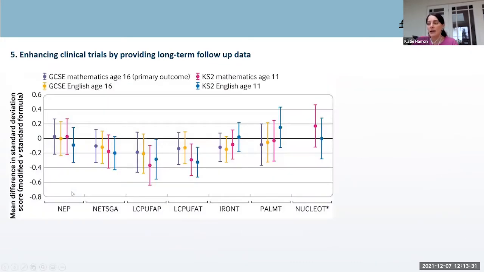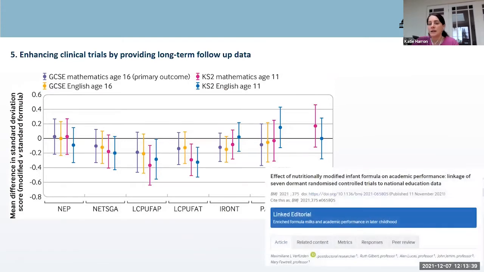And this meant that they were able to analyse GCSE outcomes according to the original trial arm, and concluded that infant formula modifications didn't promote long-term cognitive benefits compared with the standard infant formulas. So the axis on this plot relates to the mean difference in standard deviation score, and points below the line show a worse outcome for the treatment arm.